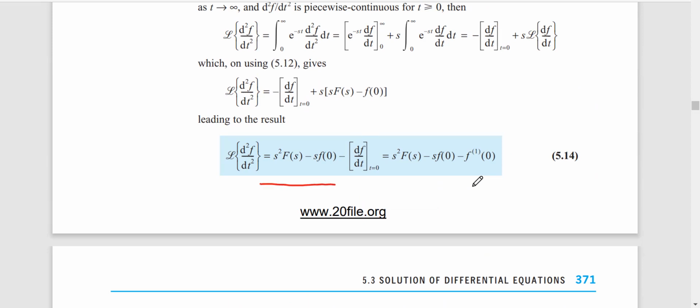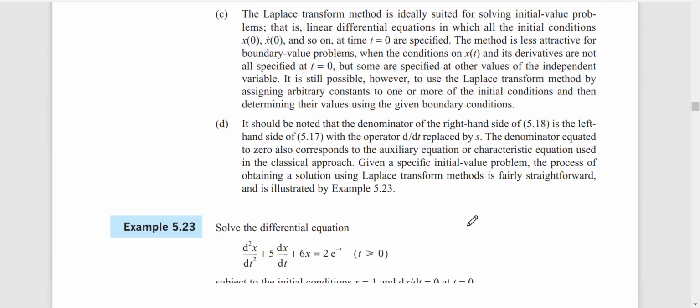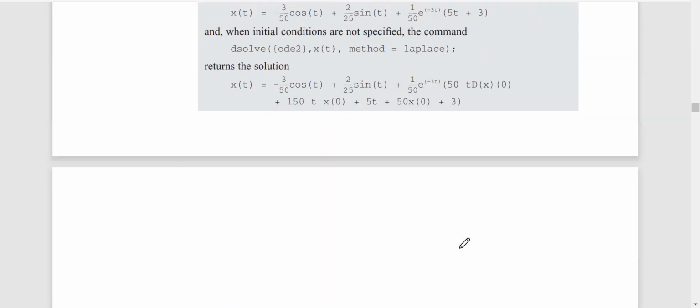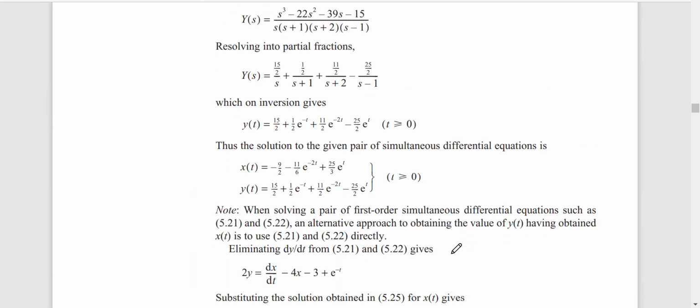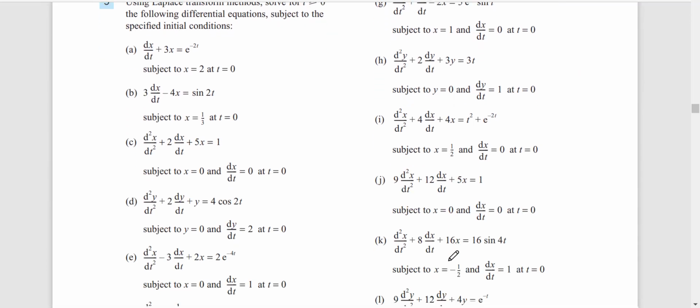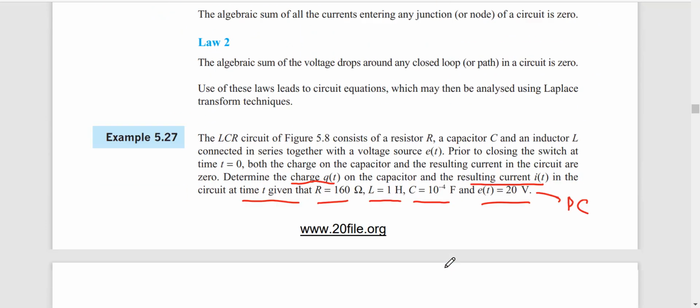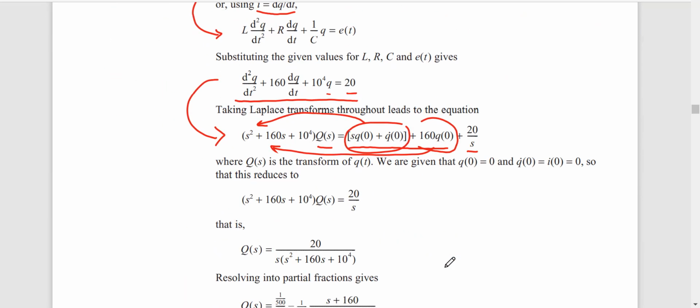So this is the second order derivative, so we can get this one: s squared F(s) minus s f(0) minus f'(0).